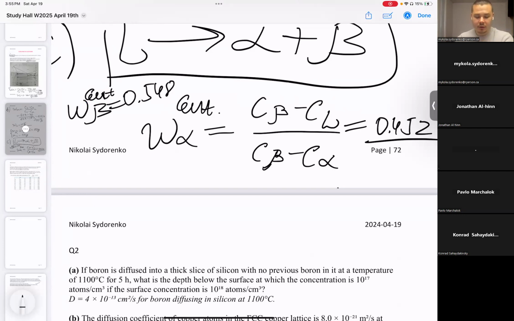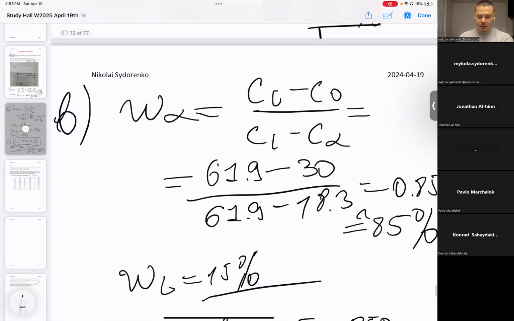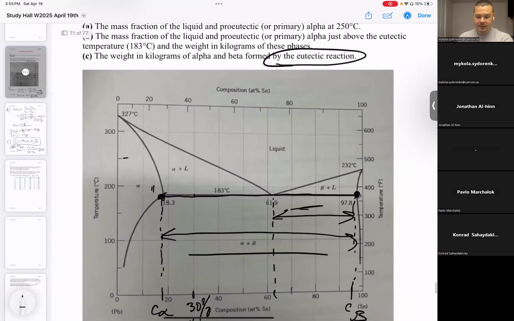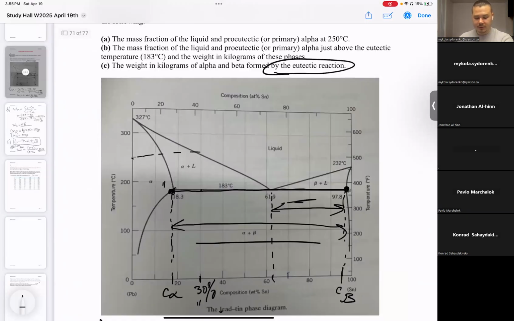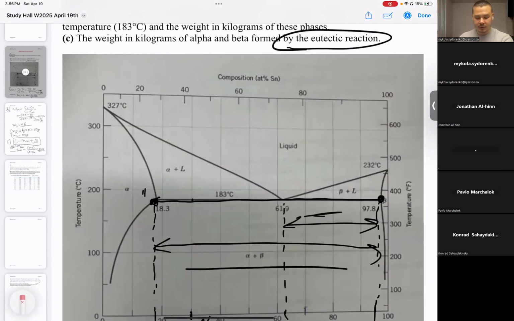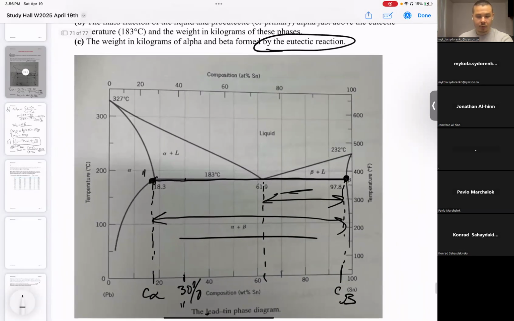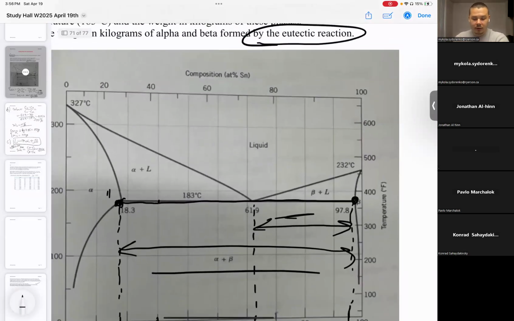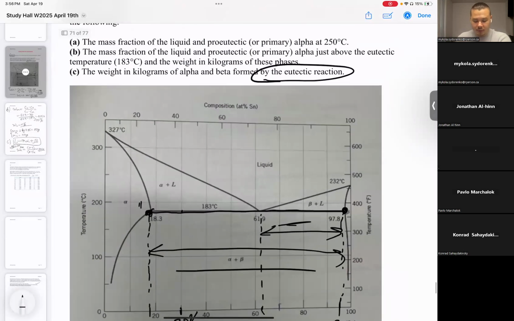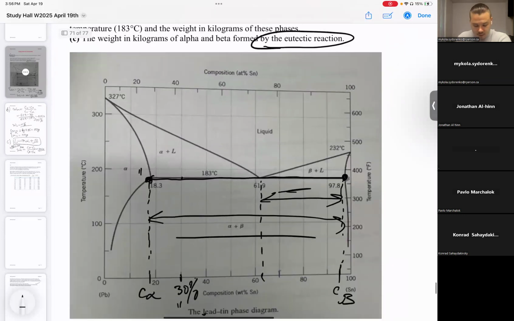How do you know which tie line to choose? So you read the question very carefully. In part B, so part A is simple. You're given temperature, 250 Celsius, right? So you simply construct your temperature and you can define that you're in this region located. So you got to use this region. Now in part B, you're saying, hey, we're right above the eutectic temperature, and the only thing that we're concerned about is coming from a given composition of 30% from here.